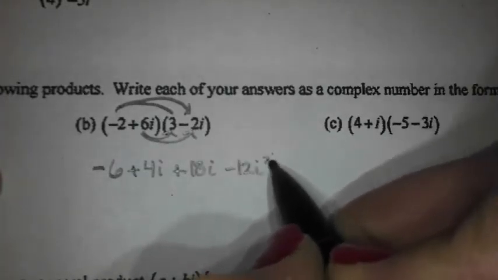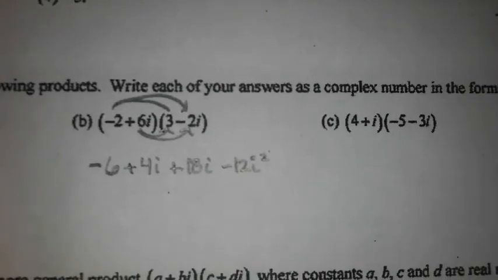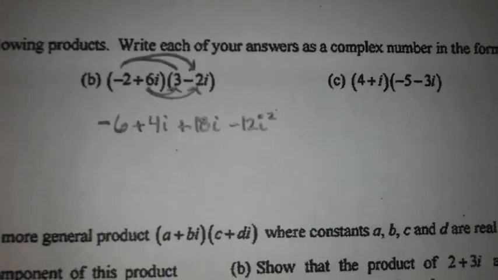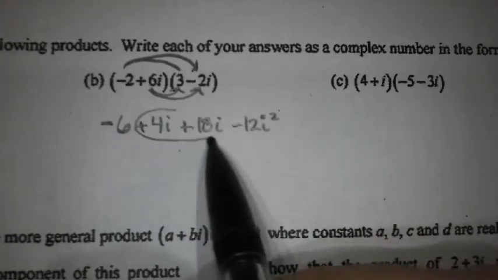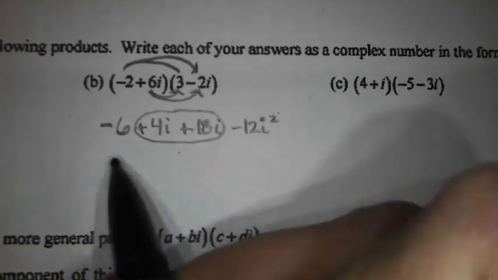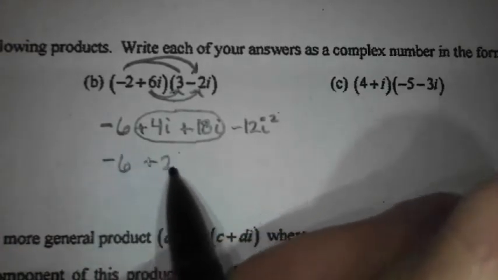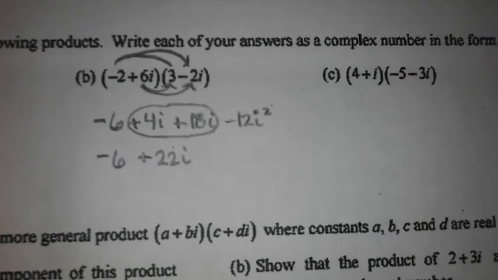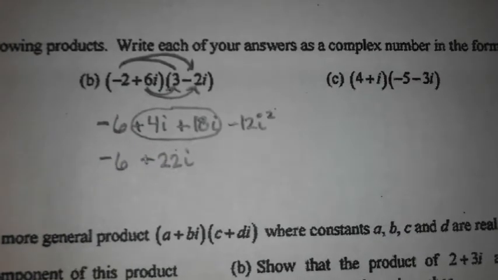Negative 12i squared. Very good. This is something you're going to have to do a lot. If we got an x squared term, we would just leave that, right? And we would combine our like terms, and that we can do. So it's negative 6 plus 22i, but we cannot leave an i squared.